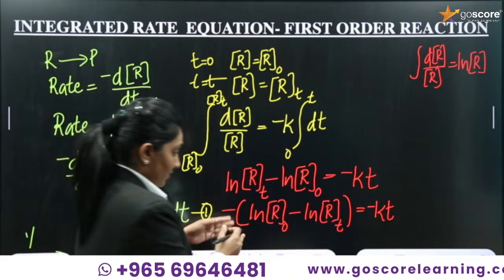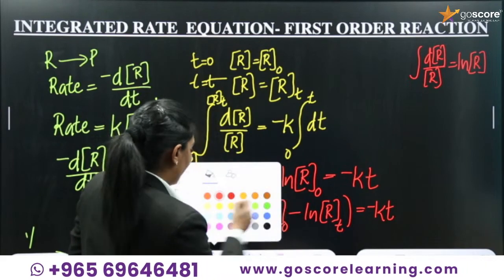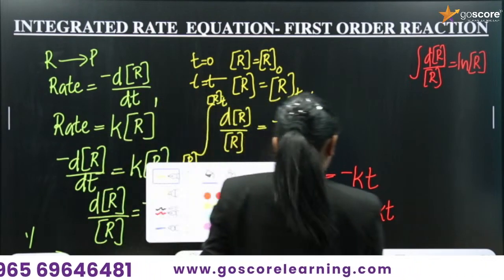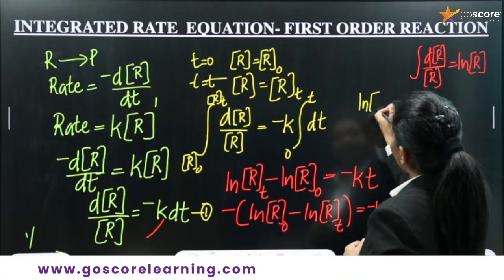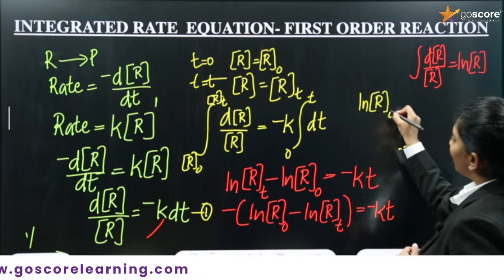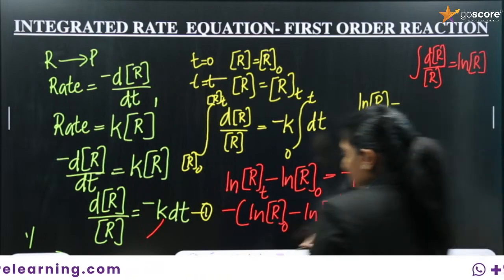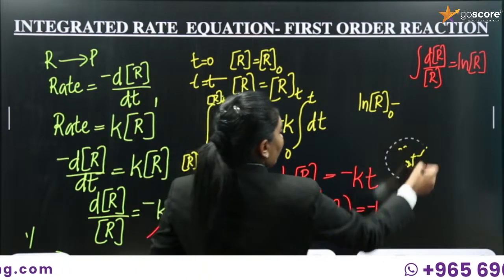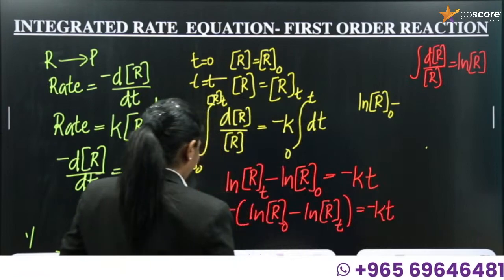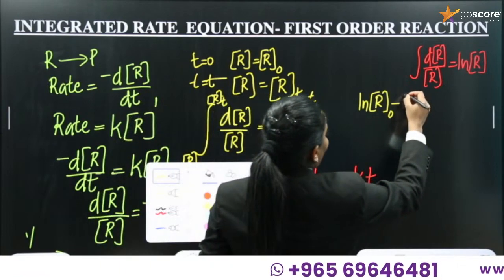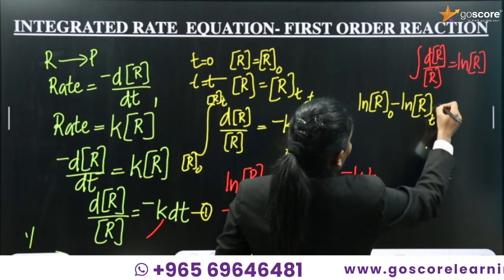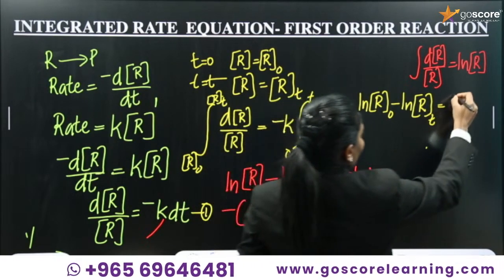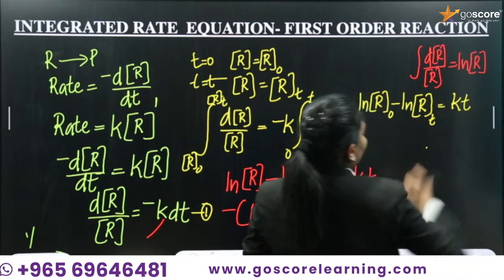When you take the negative sign on both sides and cancel it, we can rewrite it as ln r0 minus ln rt is equal to kt.